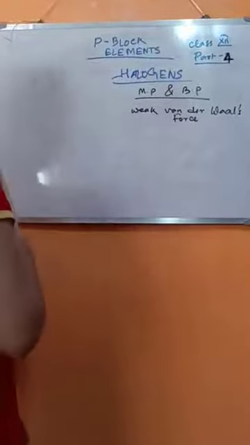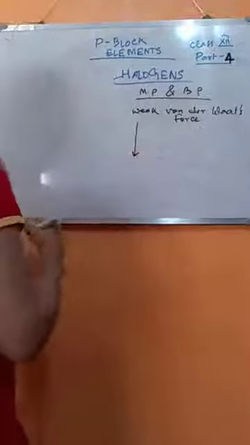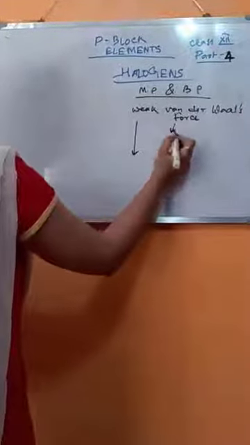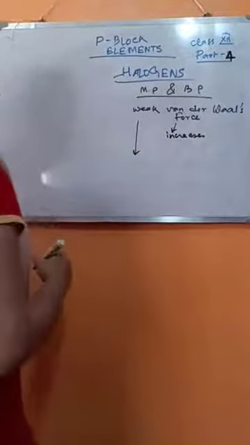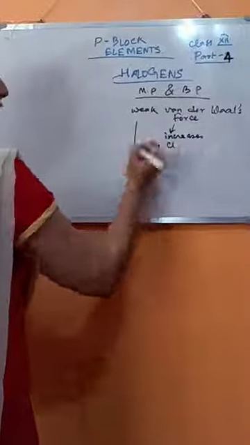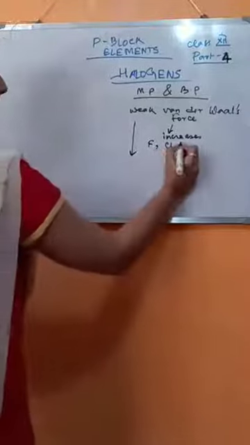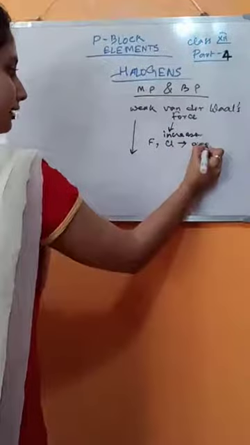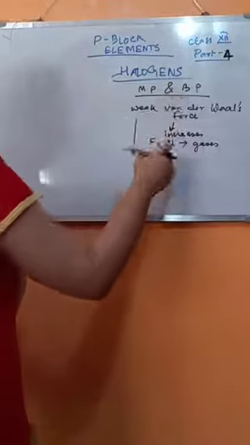As we move down the group, the van der Waals force increases. So fluorine and chlorine, which are at the beginning of the group, are gases. Because in fluorine and chlorine the van der Waals force is less among the atoms.